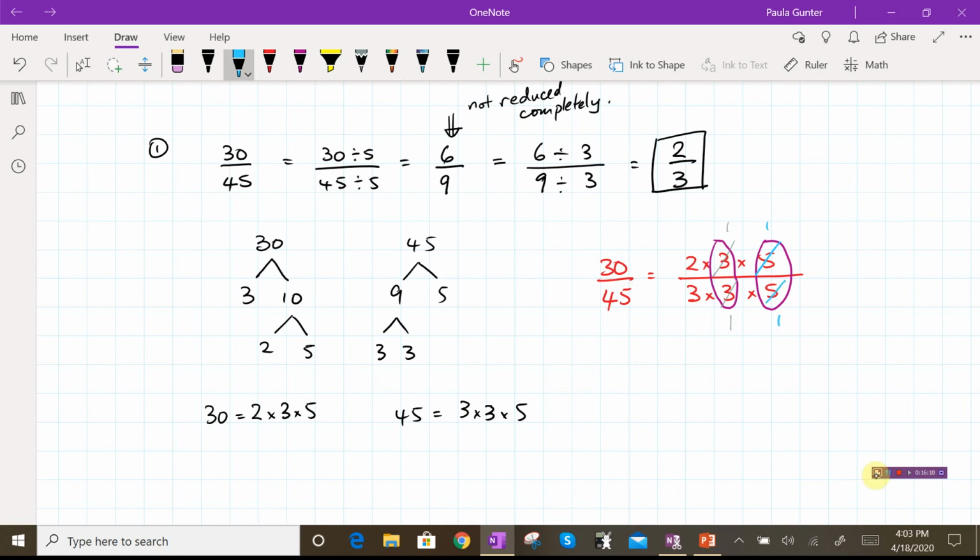As I say, 5 into itself is 1, and do ensure that you place the 1 in both the numerator and the denominator, so that what you end up with is 2 times 1 times 1 over 3 times 1 times 1, which is simply 2/3. So again, we come back to the equivalent fractions: 30 over 45 is the same as 2/3.